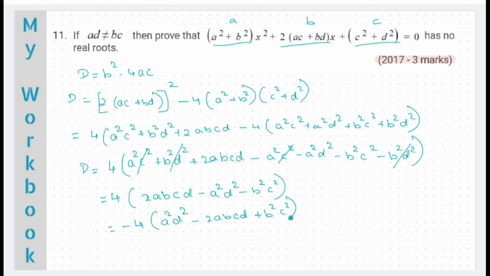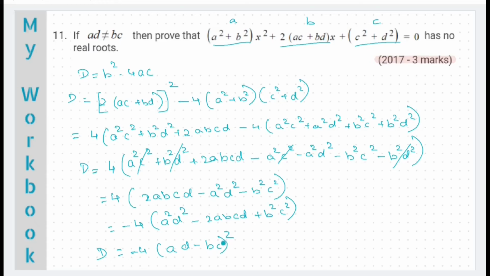Now we can see that we can simplify this and write it as ad minus bc the whole square. So our discriminant is minus 4 into AD minus BC the whole square.